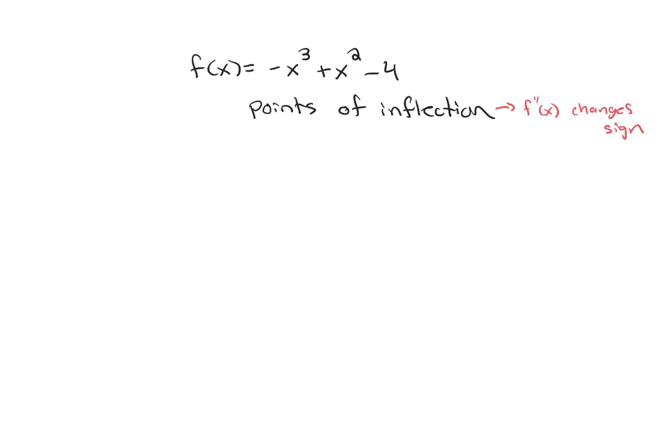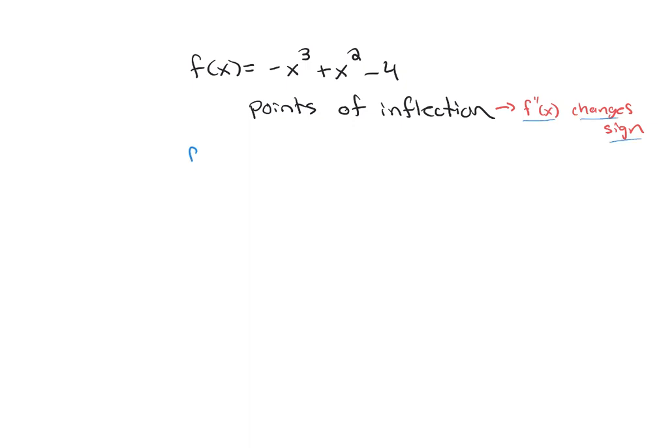So for the next example, if I have f of x equals negative x to the third plus x squared minus 4, our goal is to find the points of inflection. And what we just said is that a point of inflection occurs when the second derivative changes signs.